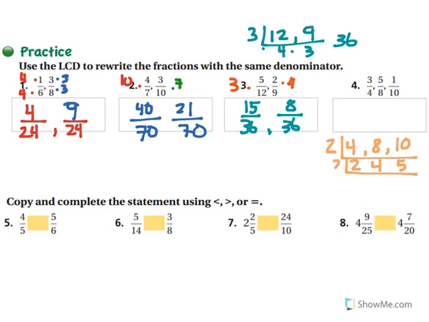I can divide these again by 2. 2 divided by 2 is 1, 4 divided by 2 is 2, and 5 can't be divided, so it just stays as 5. Now I can multiply. So I have 2 times 2 is 4, times 2 is 8, times 5 is 40. So these are all going to be over 40.